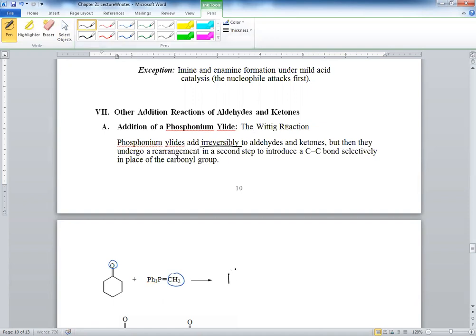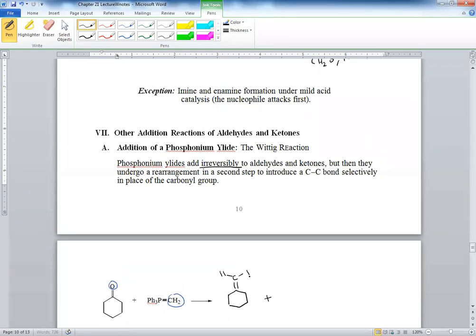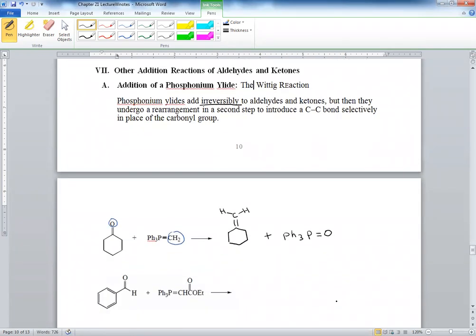So you're going to make this, plus, so they switch places. So notice how the oxygen and the CH2 switched places. So what did you produce? You have an alkene.